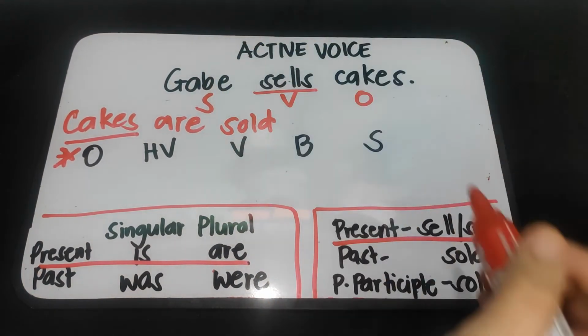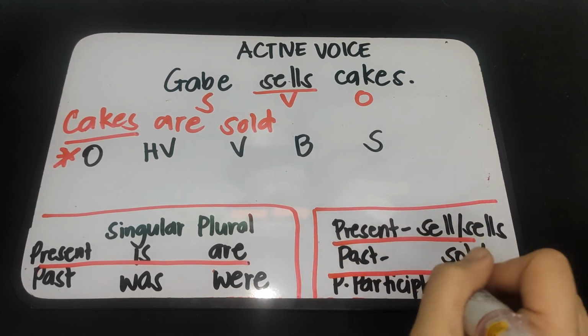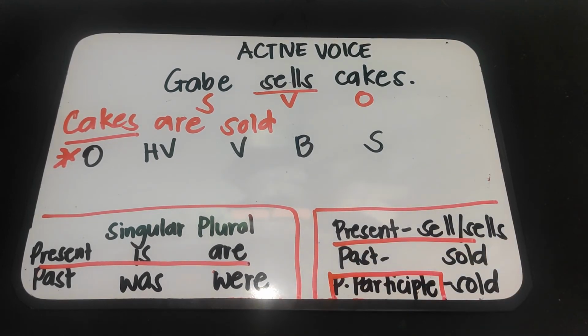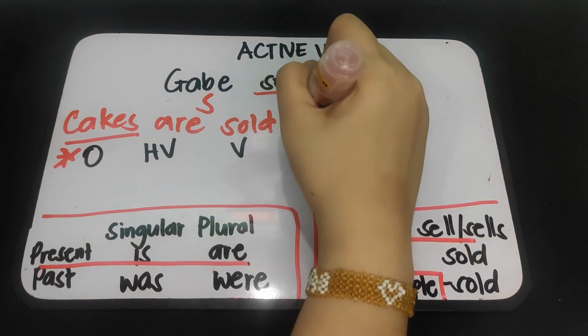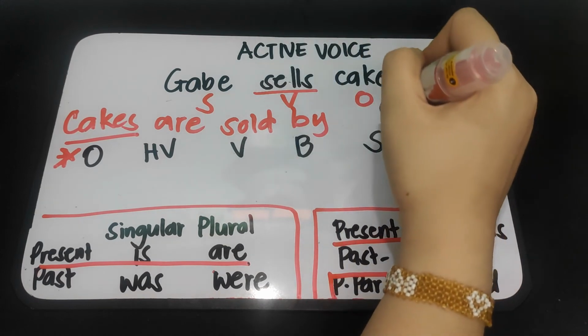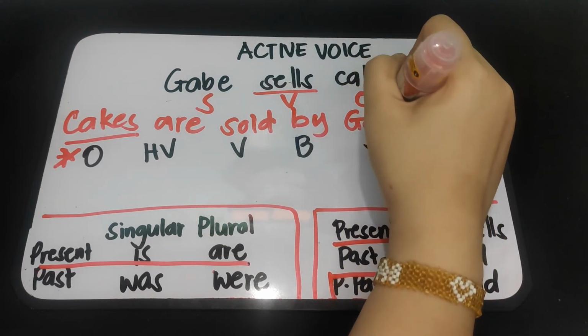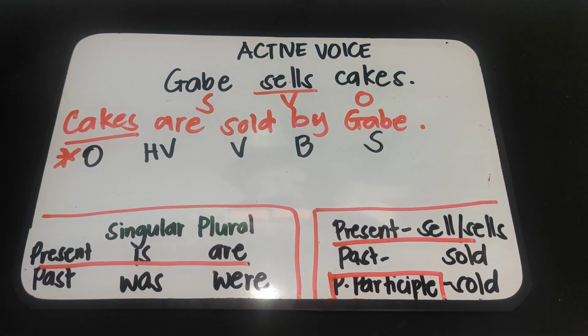Remember, in passive voice, we are always using the past participle form of the verb. Let us now add the preposition by and copy the subject Gabe. Now we have our sentence in passive voice. Cakes are sold by Gabe.